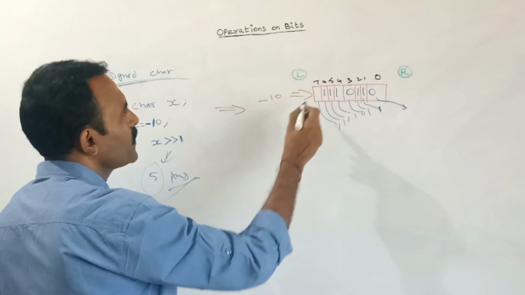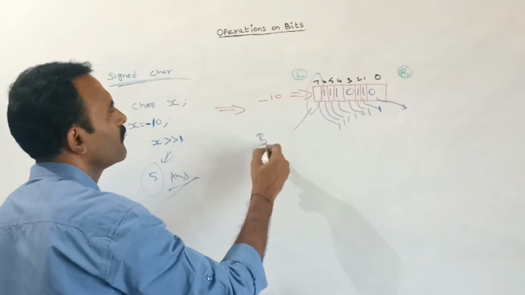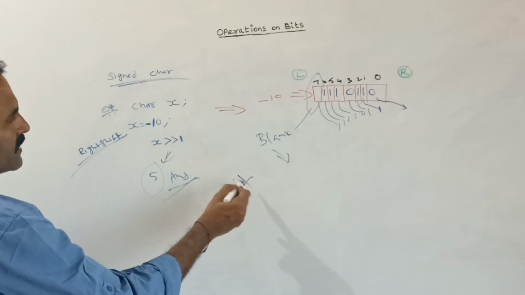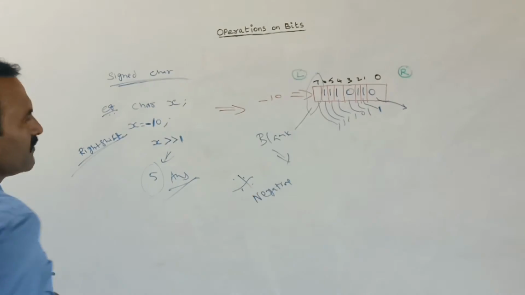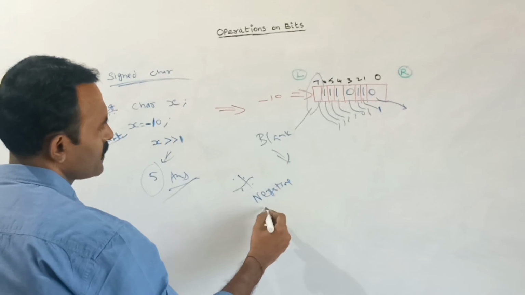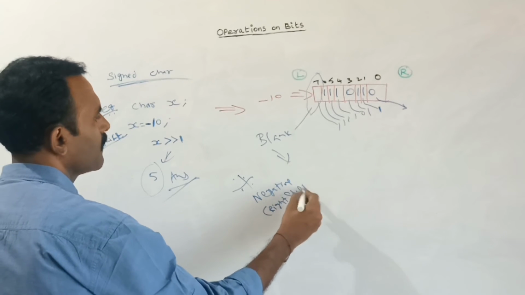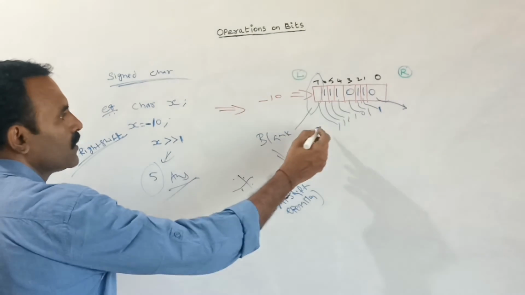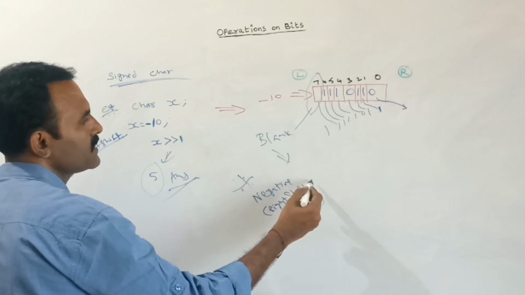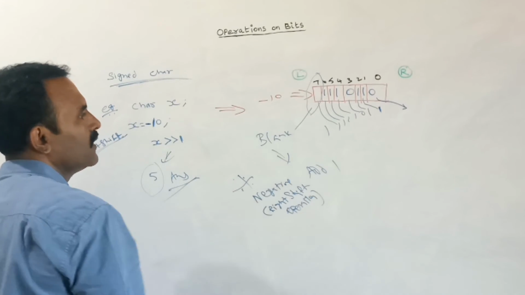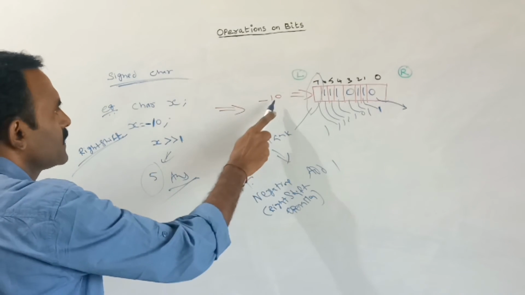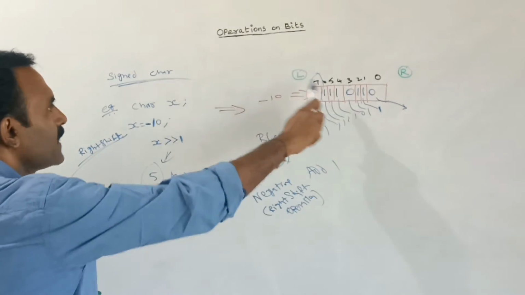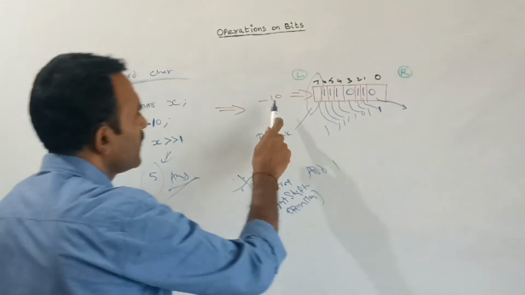Now this 7th position is blank. For a negative number, in the right shift operation, the main thing is that we should add 1 to the blank space. Suppose it is a negative number and you are doing the right shift operation, for the blank space on the left side we should add 1, for negative numbers only.